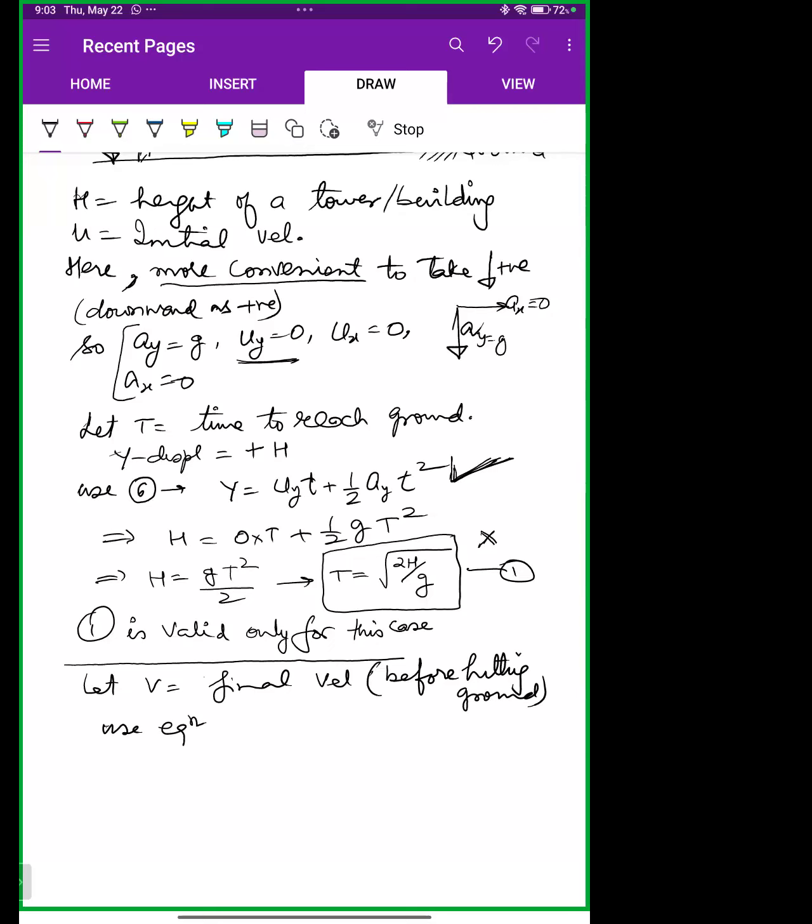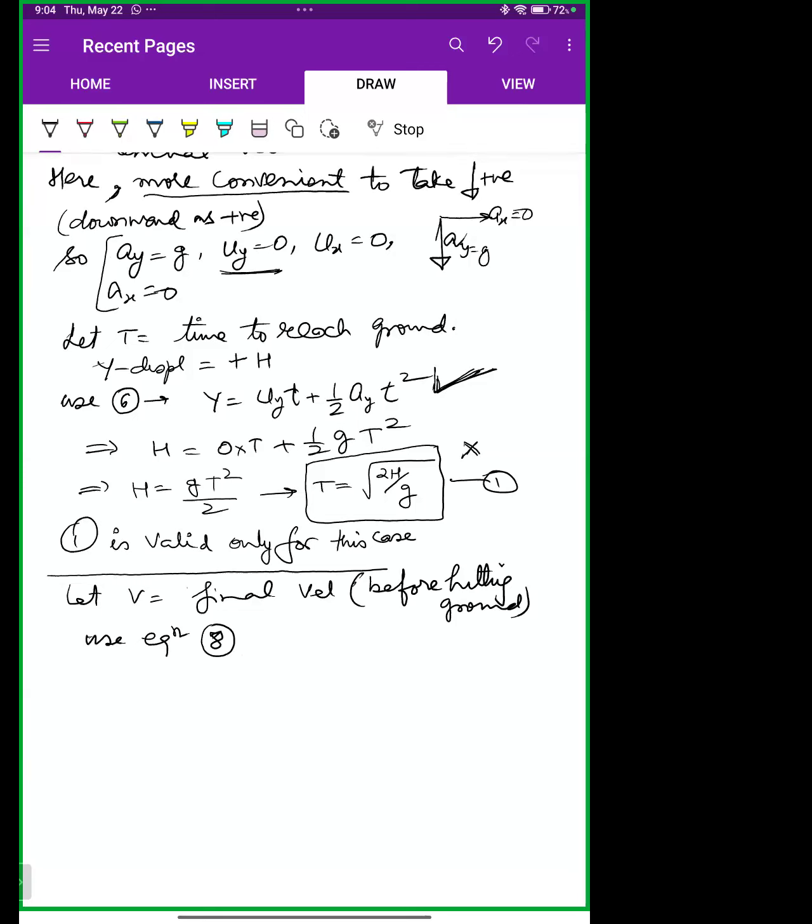Use equation 8. Go back and see what was equation 8. Everyone go back and tell me what is equation 8. So v square equal to u square minus 2gh. Why has that minus come there? So there we took the downward direction as negative, so we had minus. Yes. So use equation 8, but with caution.